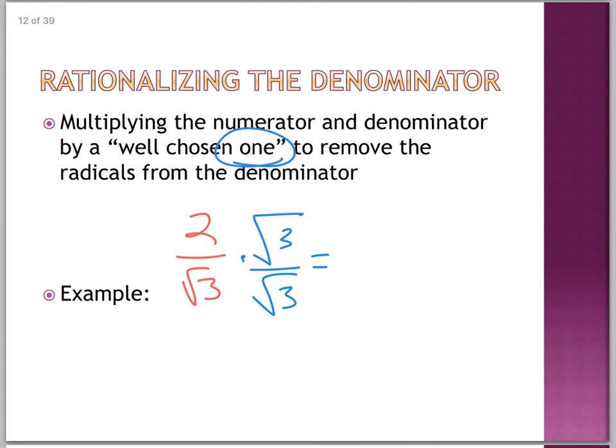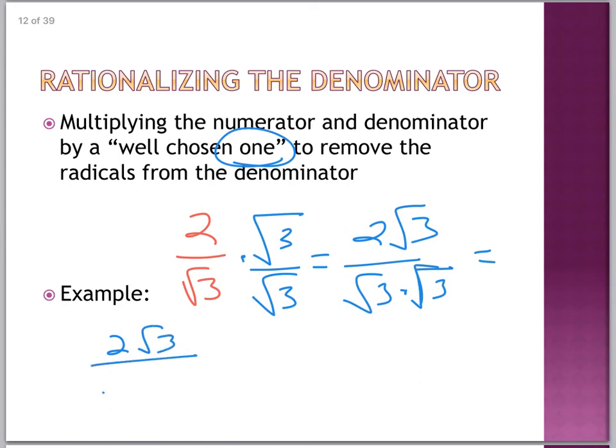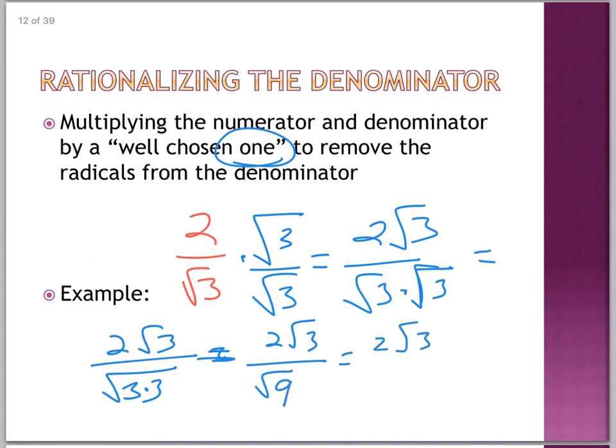Well, watch this. This becomes 2 times the square root of 3 over the square root of 3 times the square root of 3. Which means I can have 2 times the square root of 3 over the square root of 3 times 3. That's that multiplication rule we just learned. Or, there we go, 2 times the square root of 3 over the square root of 9, or 2 times the square root of 3 over 3.